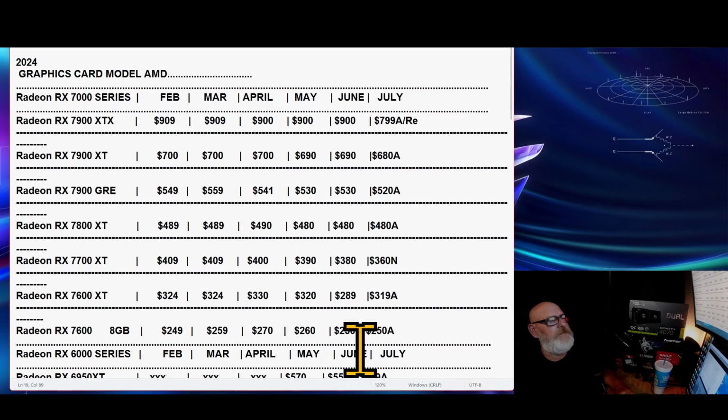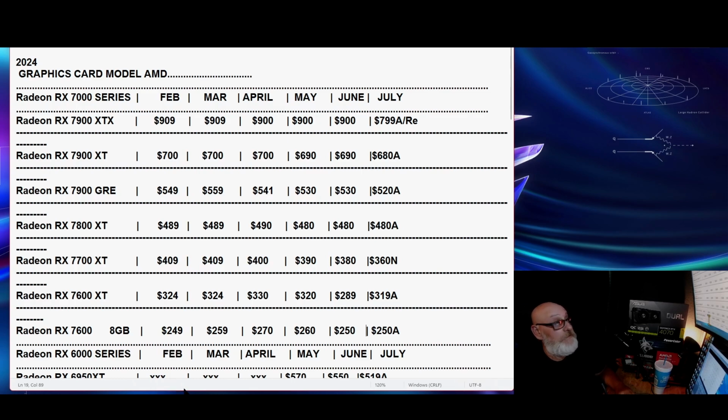Let me fix this a little bit here. Okay. 7600, it's the 8 gigabyte version. Do remember the 7600 XT was 16 gigabytes. Now the 7600, it's 8 gigabytes. Mouth is just not working with me today.